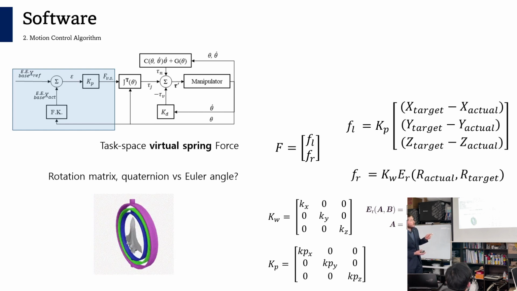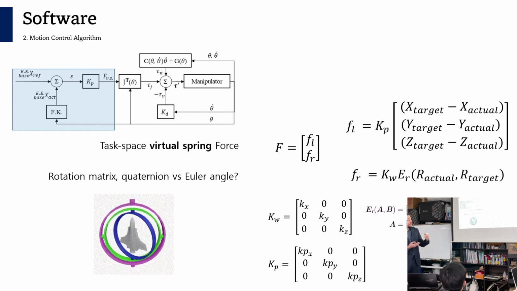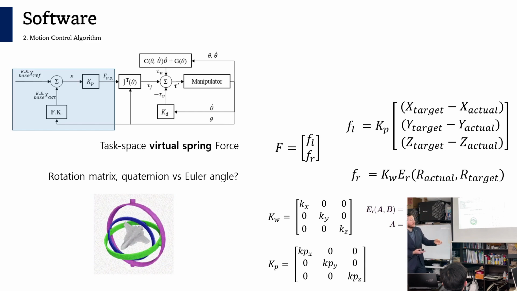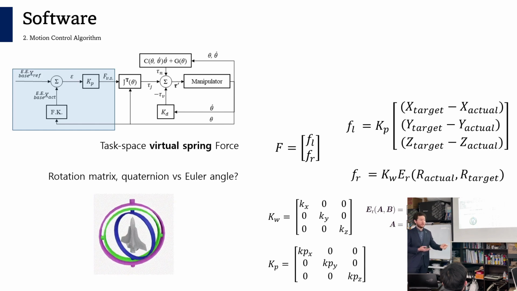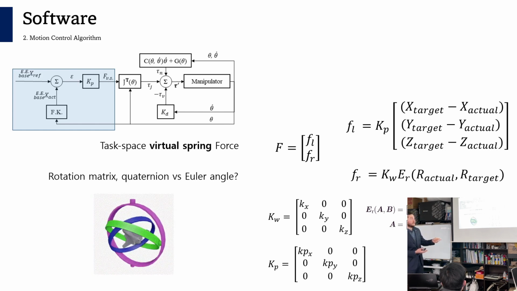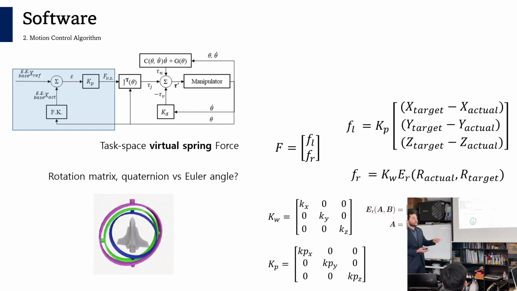Simply, I can calculate it by subtracting the poses, the position of the actual end effector and the target, and multiplying it with gain P. But only position is not enough, because the end effector should follow the orientation of the red box as well. In order to make it follow for the orientation control as well, I needed to calculate the cross product vectors of the rotational matrices of the actual and the target end effector.